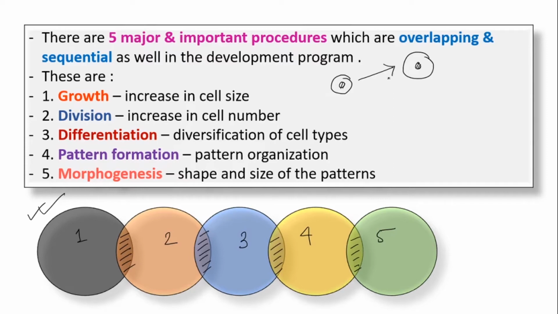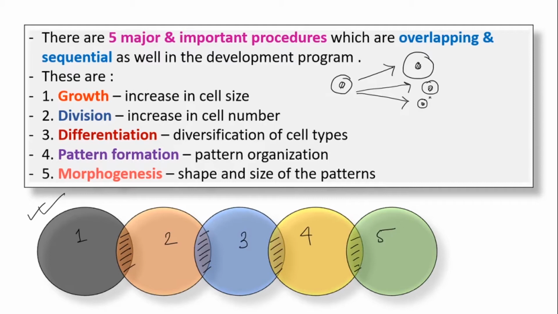Now the second one is division. Division means the increase in cell number. In division, if from this cell 2 cells form, this is known as division. This division can be either symmetric division or asymmetric division.